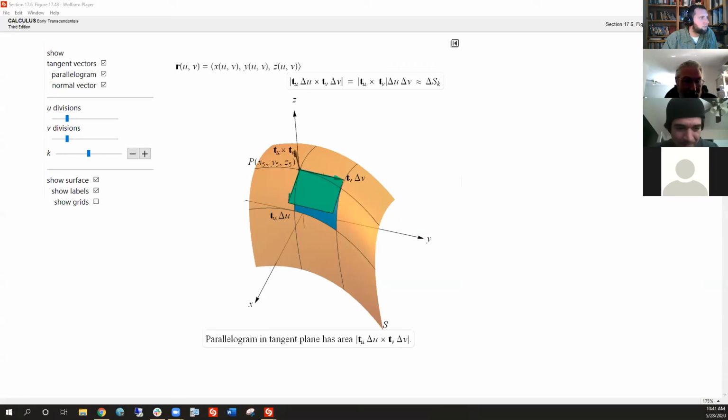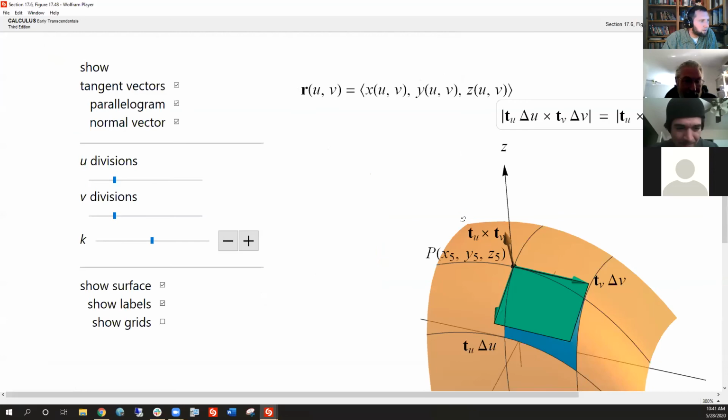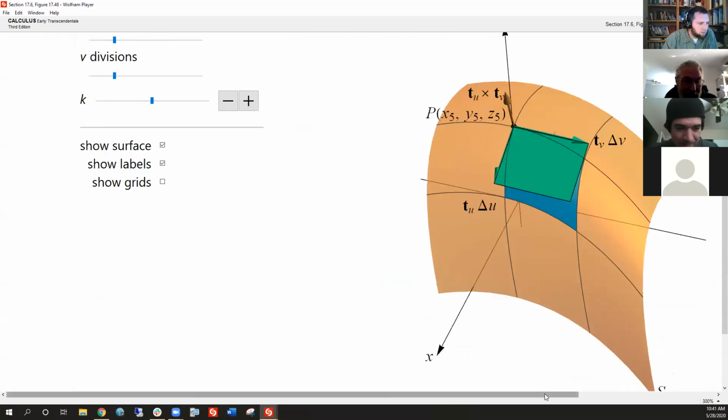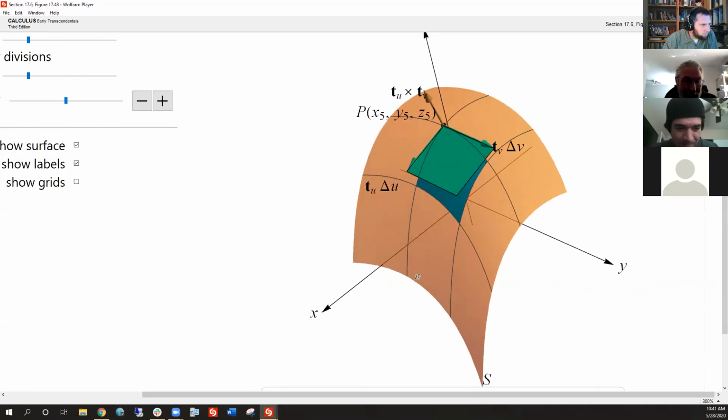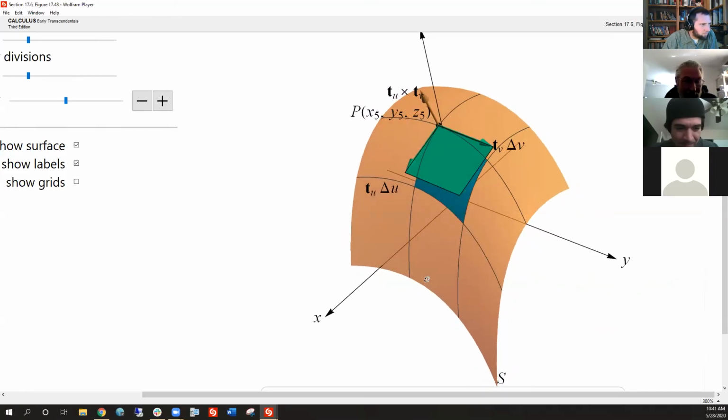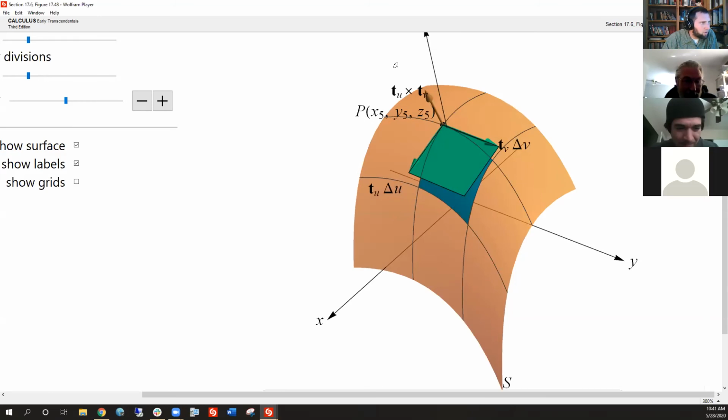A little bit challenging to see. There's a lot going on here. But notice that here we picked a point P, at (x5, y5, z5), one point on the patch.